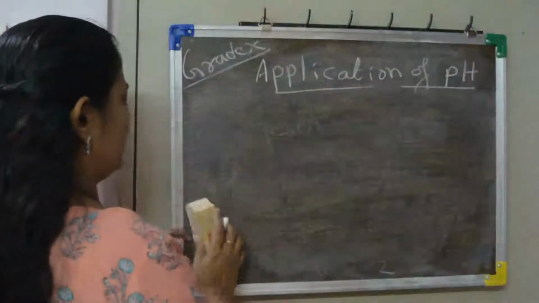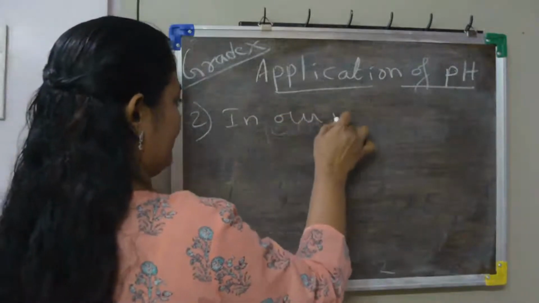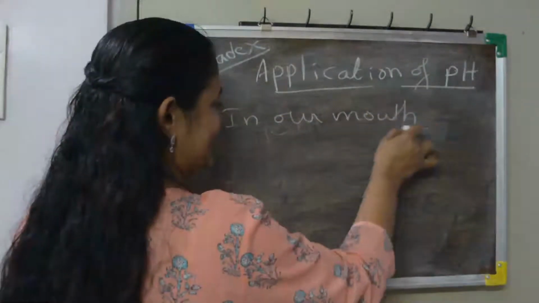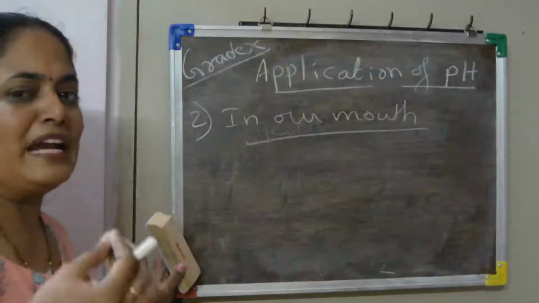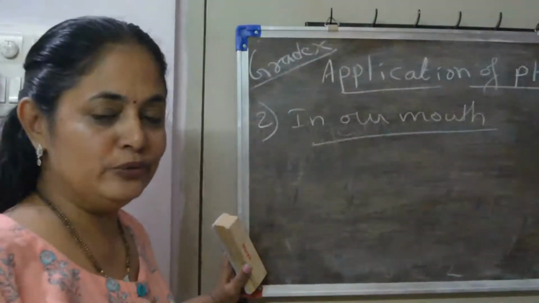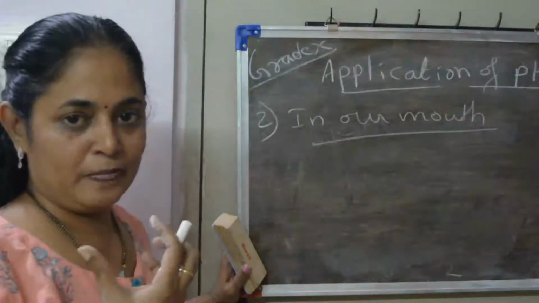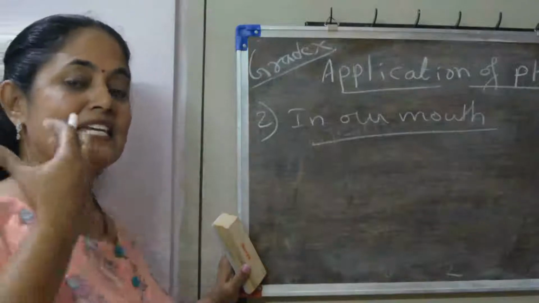Second one you can think about in our mouth. What happens in our mouth? When we eat food, mainly sweet, it gets broken down into some other form which produces acid in our mouth. Now the acid content increases.